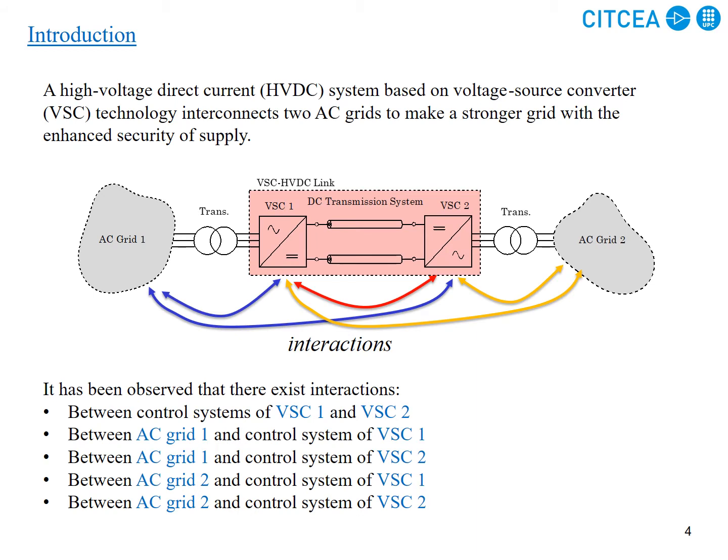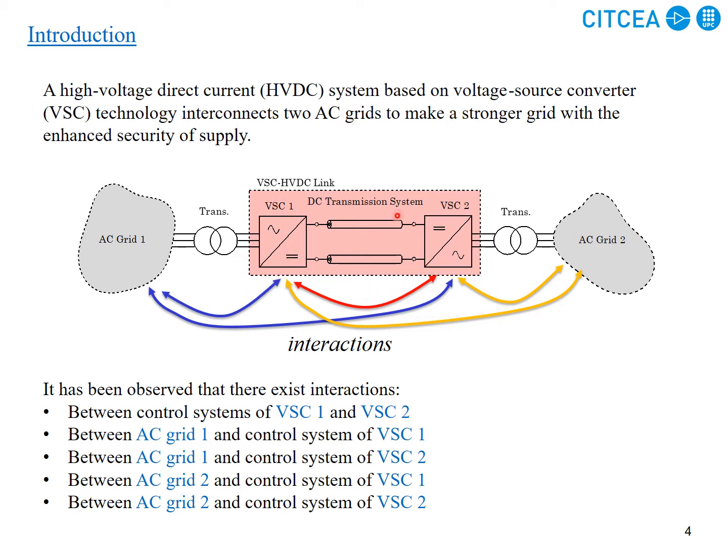Many studies have revealed that there are quite strong interactions in an HVDC link. An HVDC link comprises a voltage source converter on the receiving end and on the sending end, and there is a DC transmission system in between, which is usually a DC cable. This HVDC link is connected to two AC grids on either side, and there are strong interactions between the AC grid and the control system of the voltage source converter.